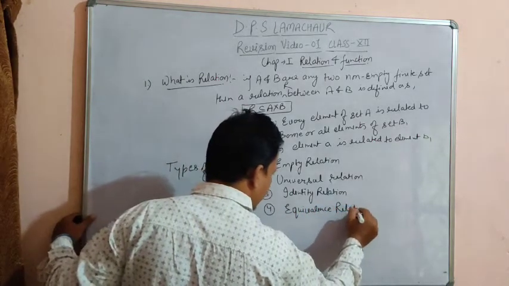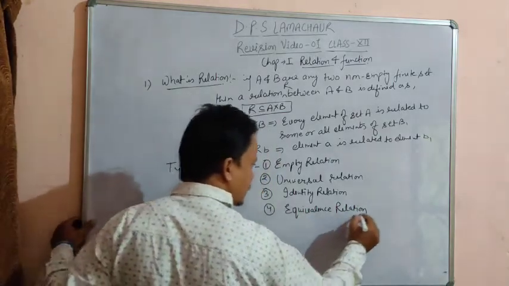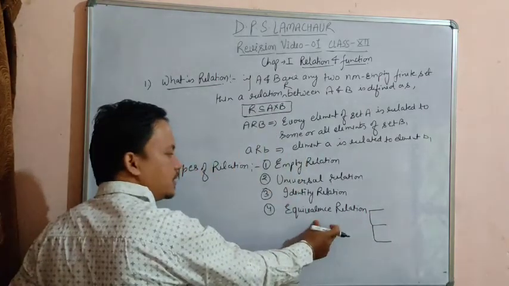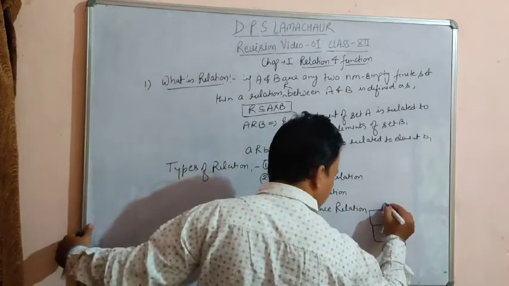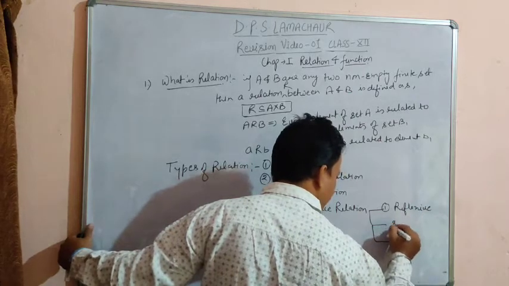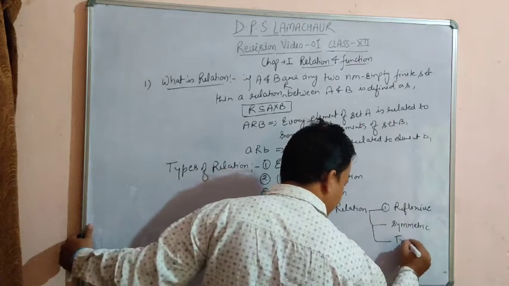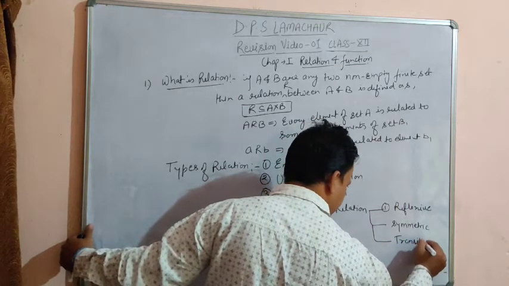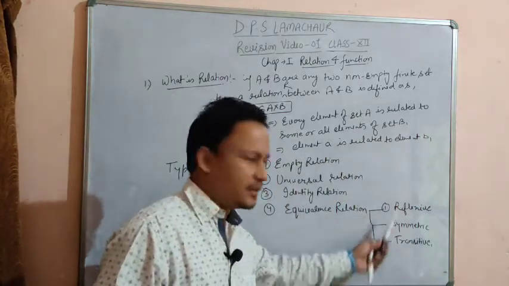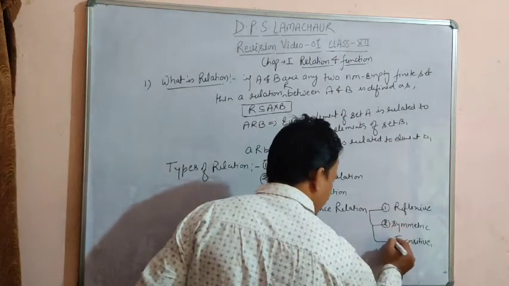And equivalence relation contains three properties. Any relation is said to be an equivalence relation if, number one, it is reflexive, second, it is symmetric, and third, it is transitive. If any relation contains these three kinds of relationship, then it is said to be an equivalence relation.